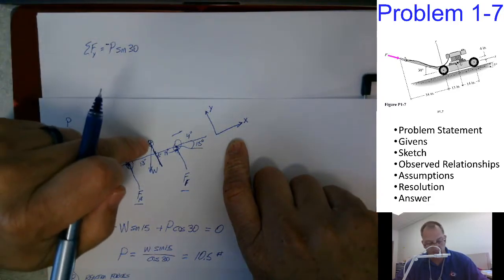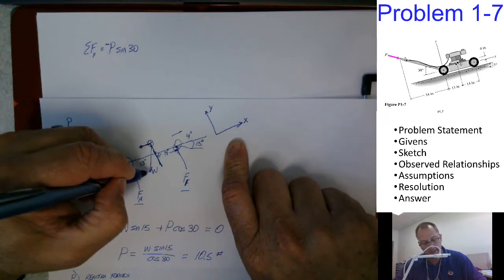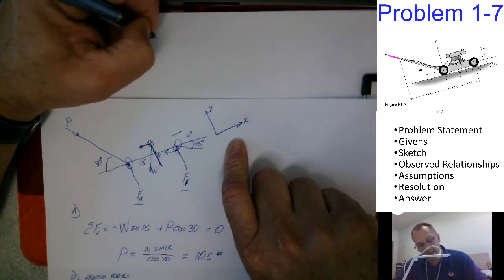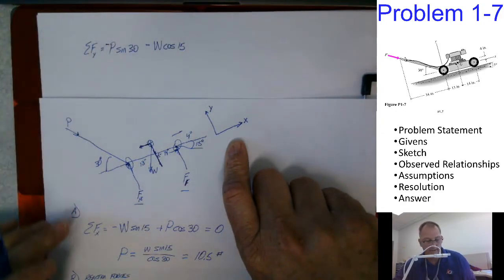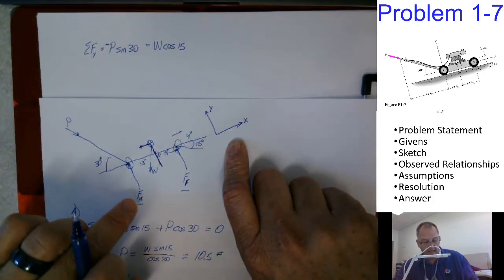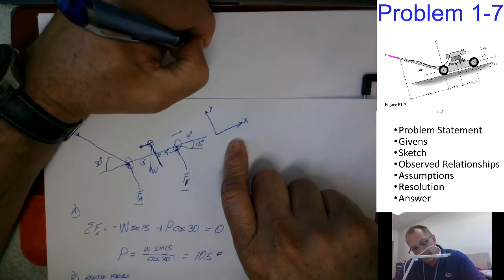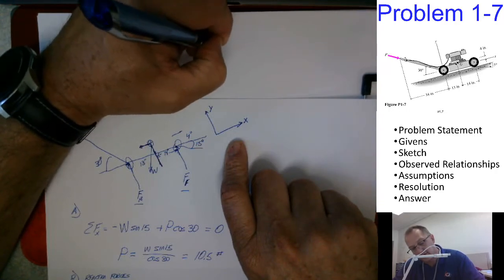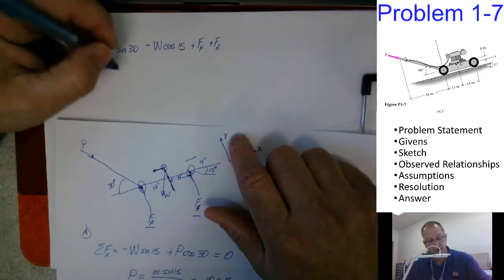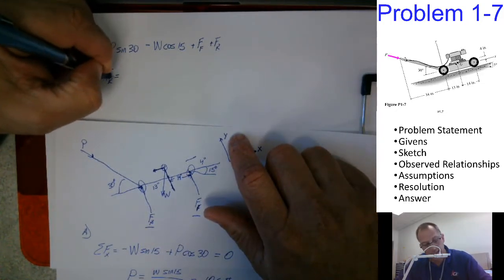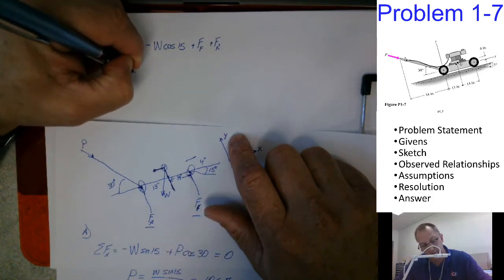And then I've got my weight, that's going down, so minus the weight times cosine of 15. And then I've got the force in the rear and the force in the front, and those are both acting up. Force in the front plus the force in the rear. And then I can go through and solve all of those. The force in the rear is equal to, and I'm going to jump a couple steps, 24.2 pounds.